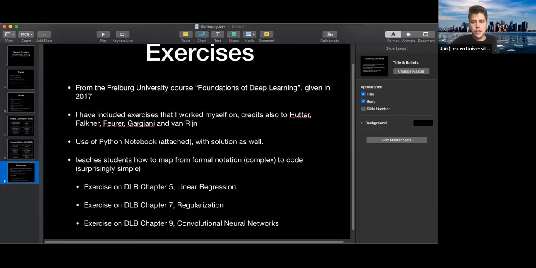We have a tool where we can upload all the code from all the students, and then we can see if students worked together. If two solutions look similar enough, then they have to come and explain themselves. But that's basically all the checks that we did.